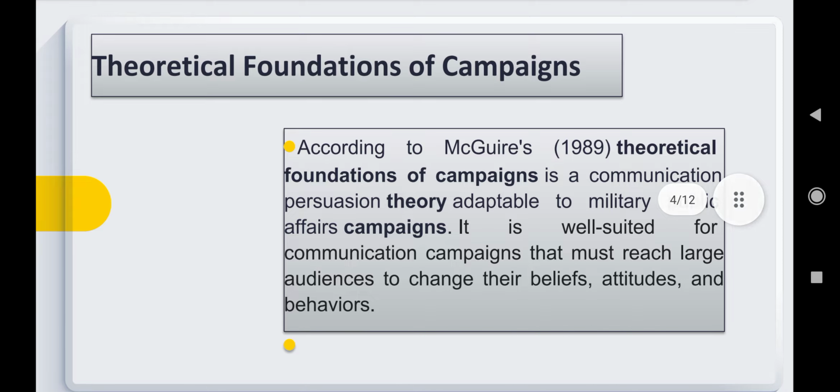Next, the theoretical foundation of campaigns. According to McGuire, 1989, the theoretical foundation of campaigns is a communication persuasion theory adaptable to military public affairs campaigns. It is well suited for communication campaigns that must reach large audiences to change their beliefs, attitudes, and behavior.